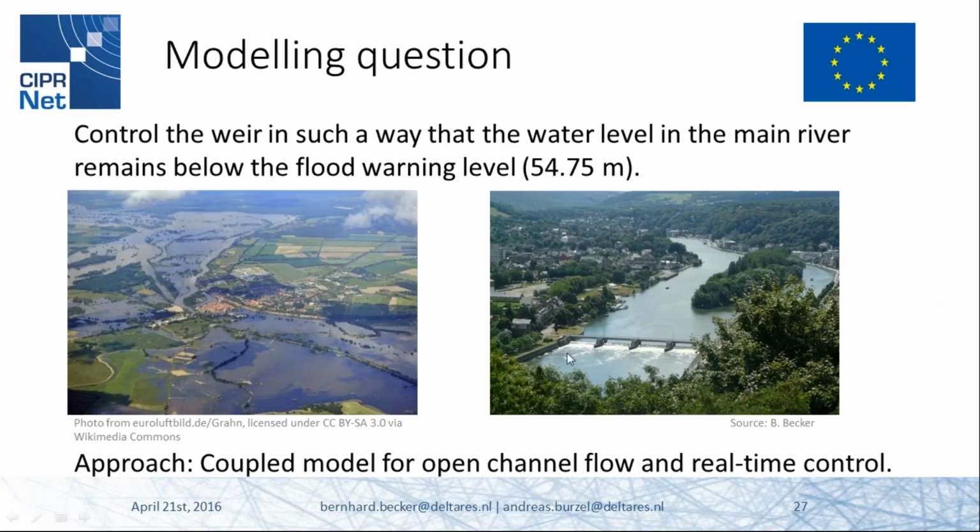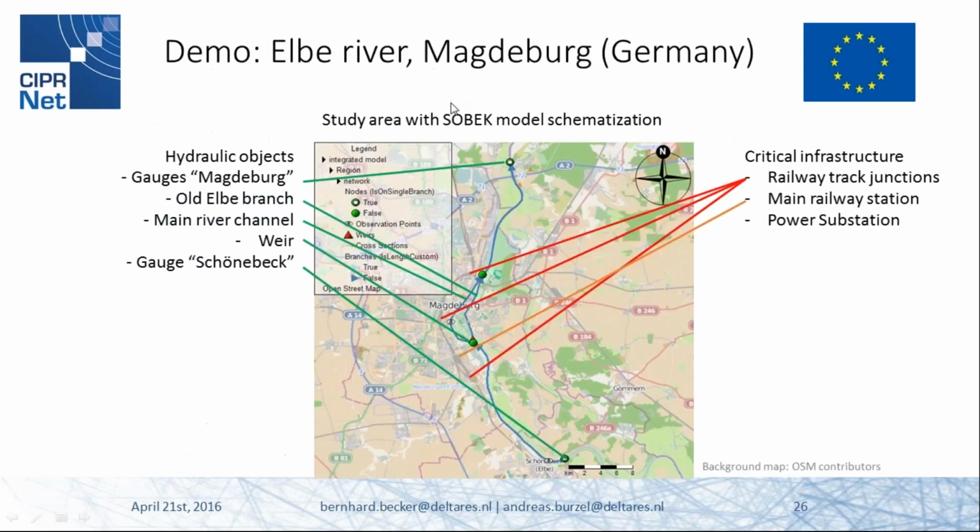Thank you. So the modeling question that we have is, this is the situation from a modeling point of view. We have our river system here, and we have a weir here. This is the gauge Magdeburg as downstream boundary condition.